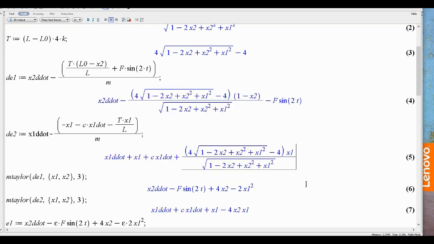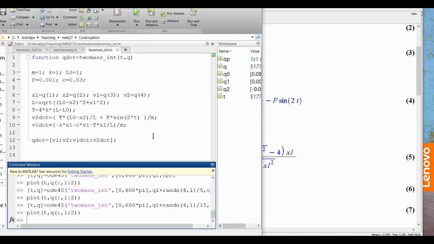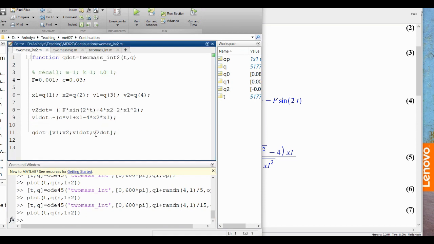So clearly this equation and this equation are a lot simpler than the earlier two. So let us go now and see how they work. If these equations give you about the same dynamics for small x, then it's a good idea to analytically treat these. So we go to MATLAB again. This is the 2 mass internal resonance, second order.